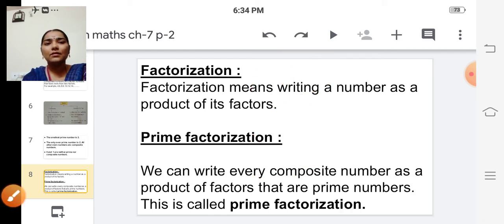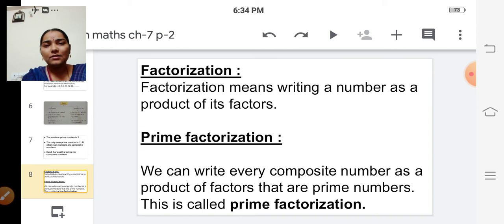And what is prime factorization? We can write every composite number as a product of factors that are prime numbers. This is called prime factorization. So we can write every composite number as a product of prime factors.